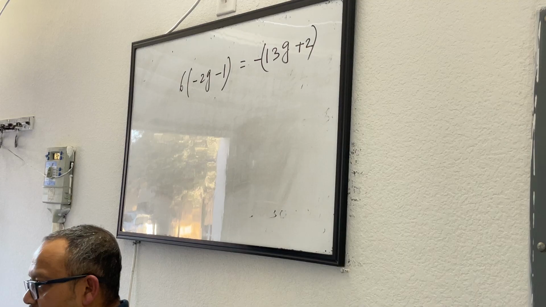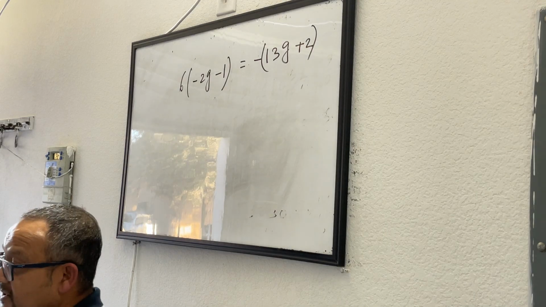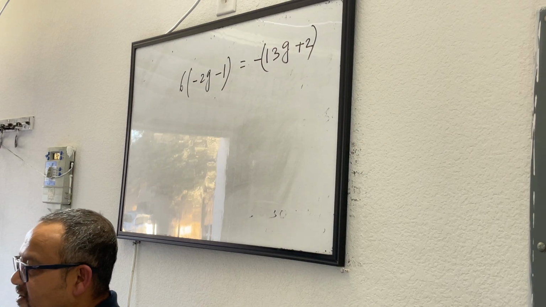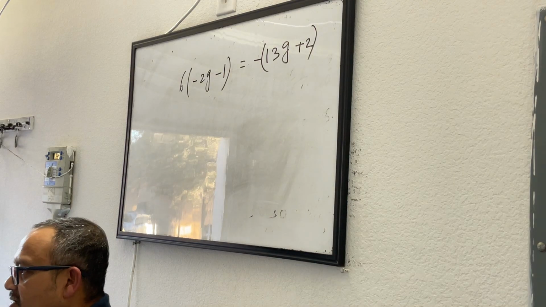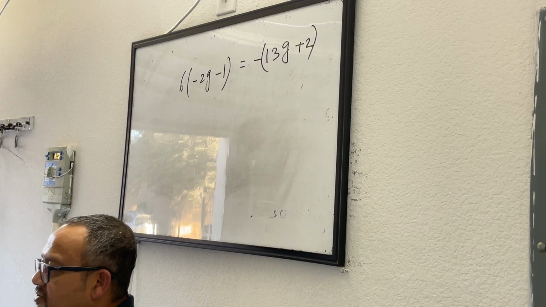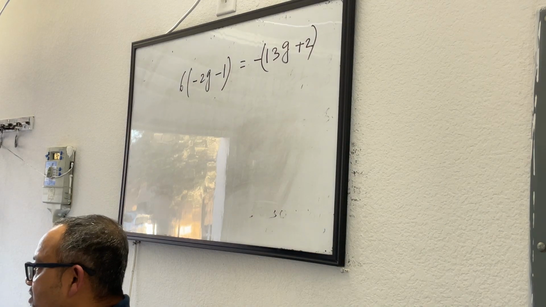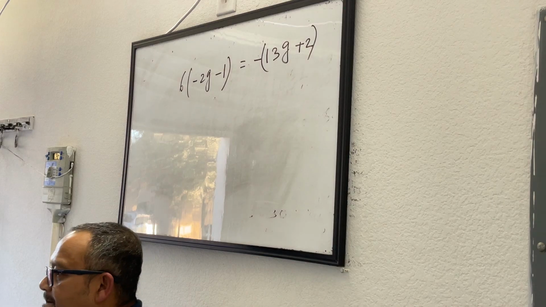I got g equals 4. Good job participating with us. That makes me very confident. I got 4, sir. You also got 4. How about Suhina? I got 4, sir. You also got g equals 4.